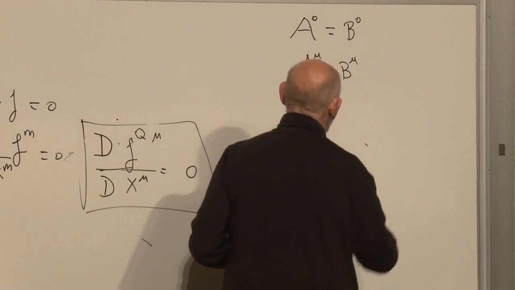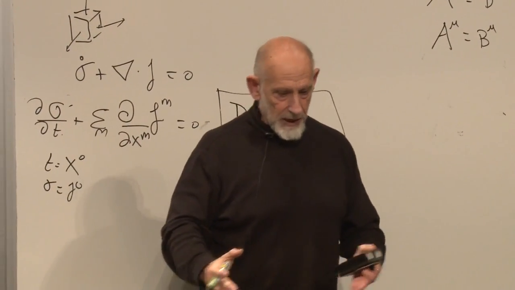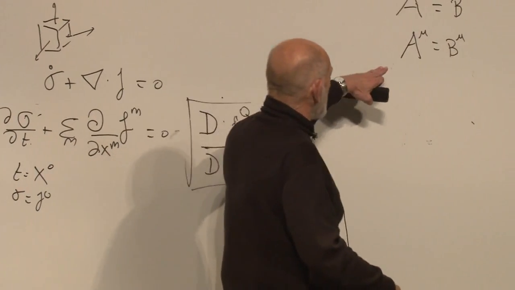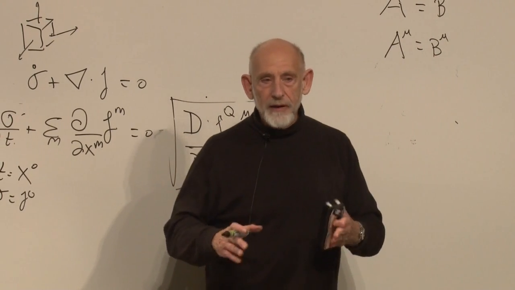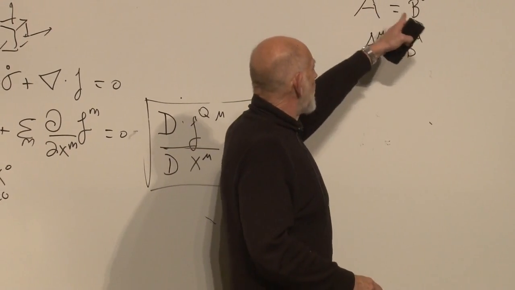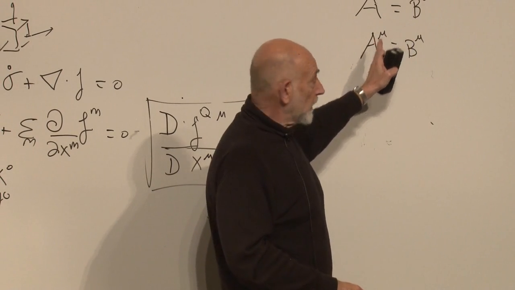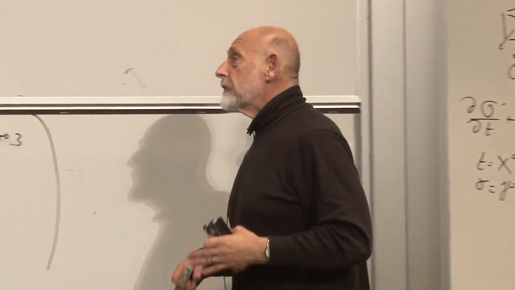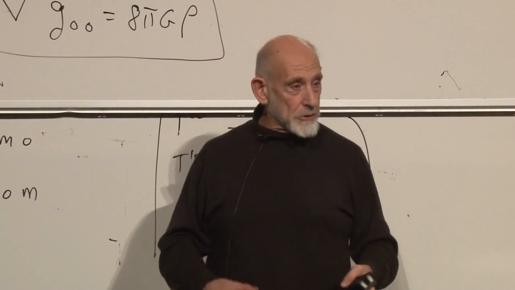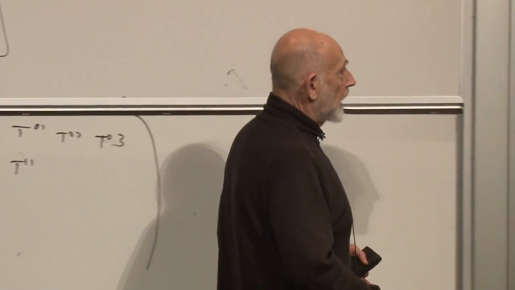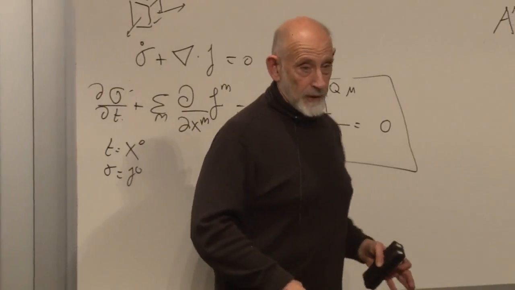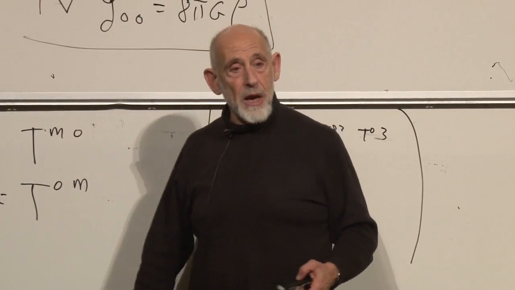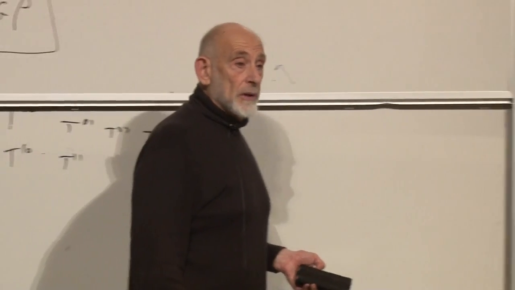For the same reason, Lorentz transformations are not so different from rotations. And unless all the components are equal, you'll always be able to find a frame of reference in which A naught will not be equal to B naught, unless all 4 components are equal. So good laws of physics must be tensor laws of physics, in particular if they're to be true in every frame of reference. Now here we have an equation that involves a right-hand side, which is a particular component of some tensor.